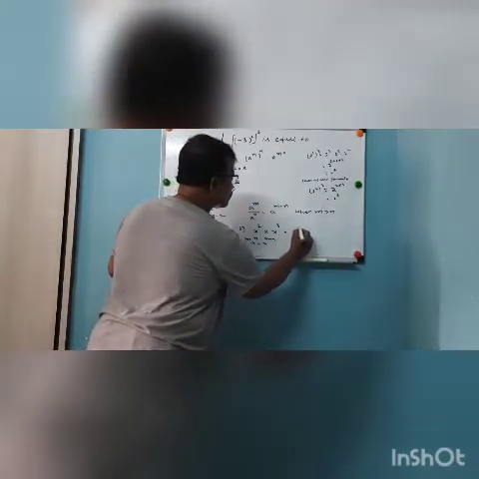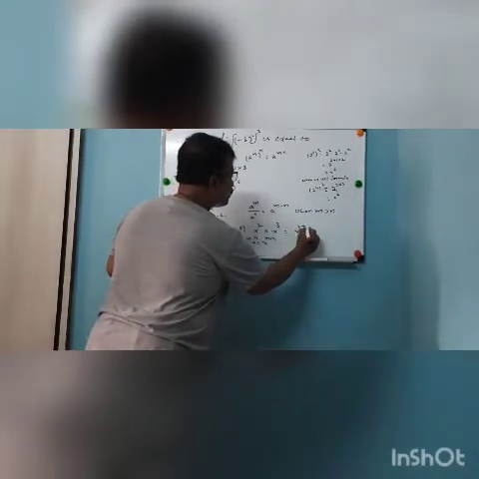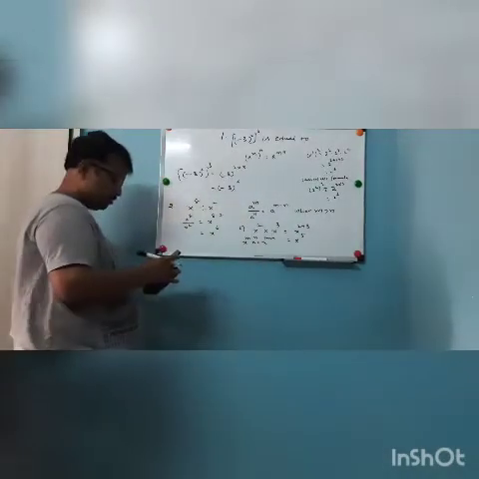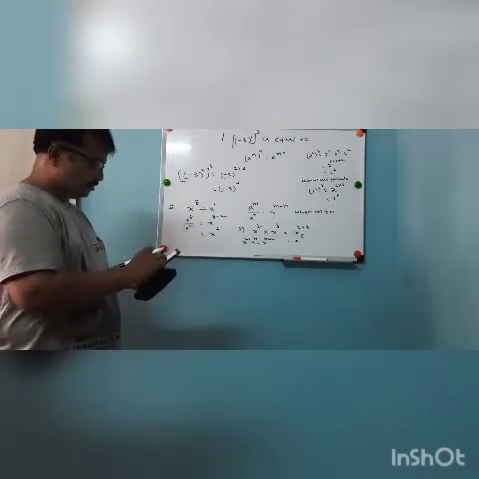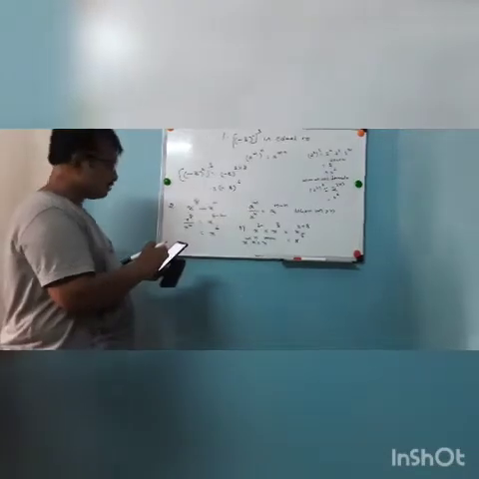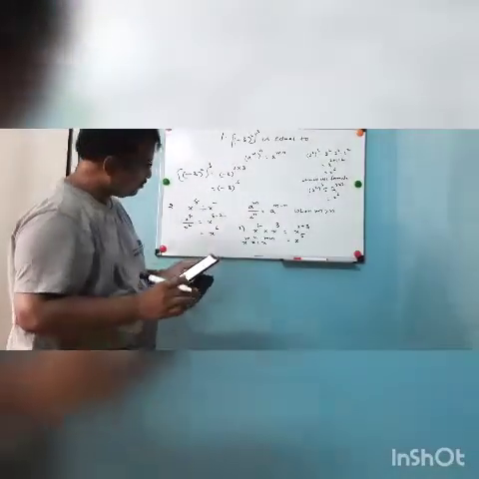That means x square into x cubed is x power 2 plus 3, which is x power 5, the fifth power of x. That is option 3.